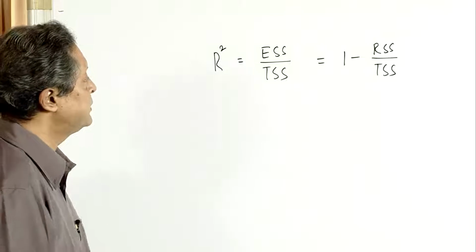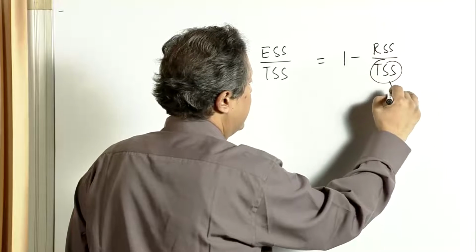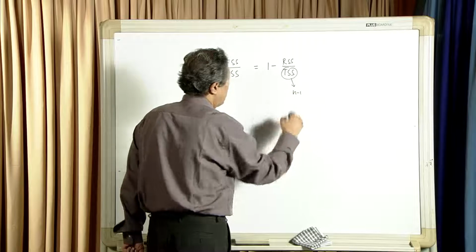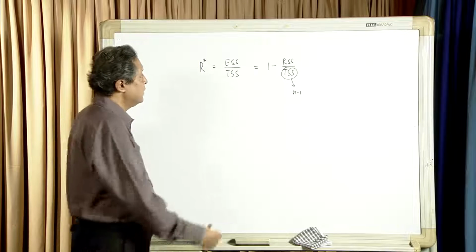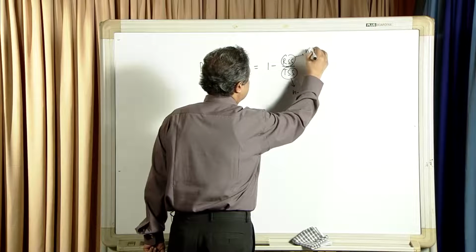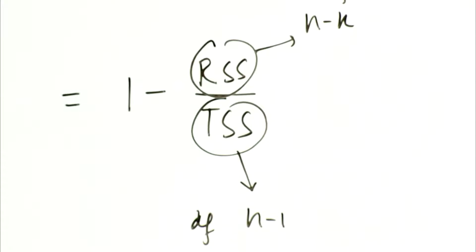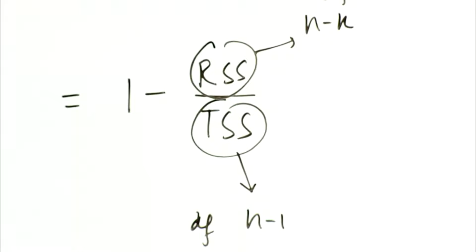Now, as we said, total sum of squares has a degree of freedom n minus 1 and residual sum of squares has the degree of freedom n minus k. So, this is degrees of freedom n minus 1 and that is degrees of freedom n minus k.